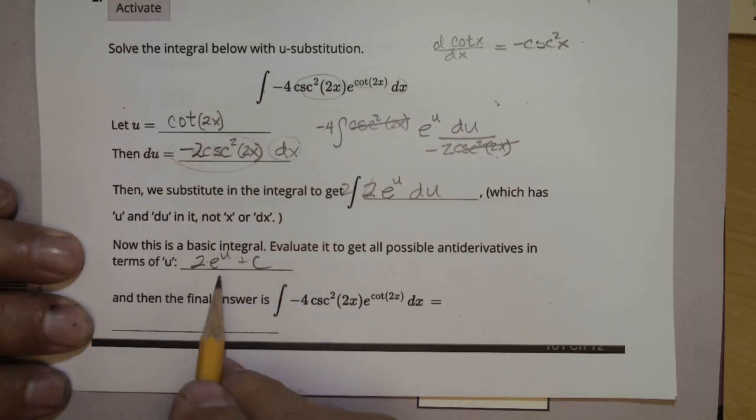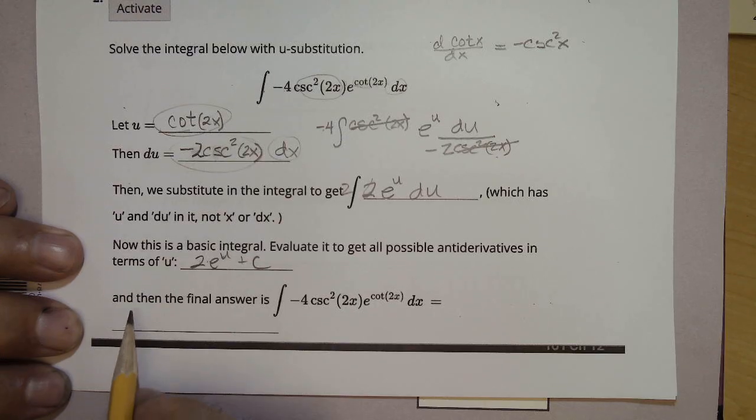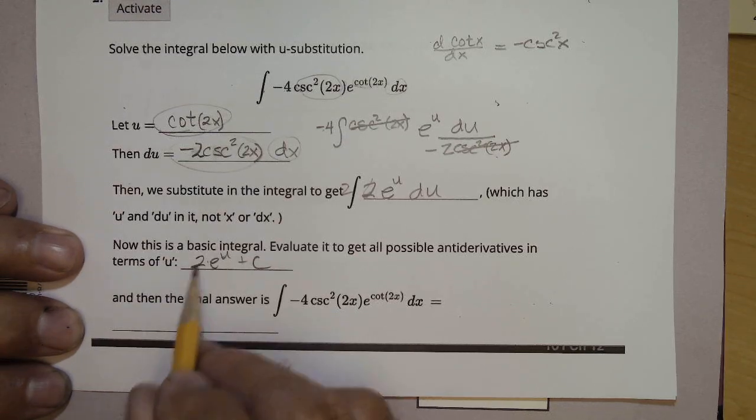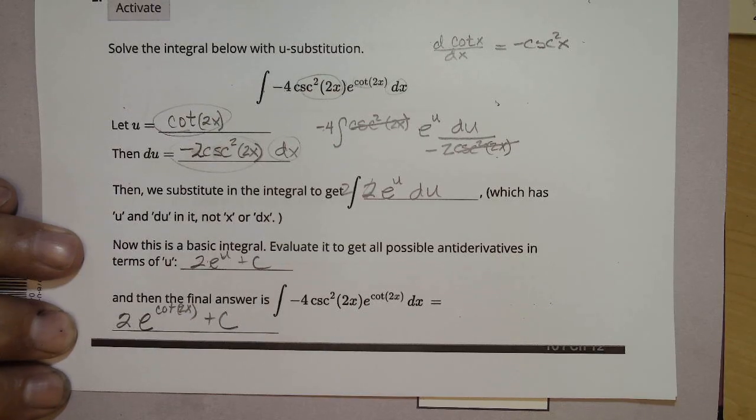And then we put this back in for u. So our final answer is going to be 2e to the cotangent 2x, that's the u, plus c. And no minus. Yeah.